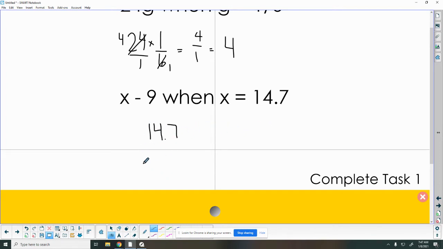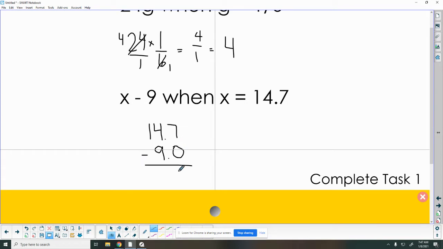I'm going to put them up and down since I know I need to borrow here. Now the 9 is in the ones place, so I need to put it under the 4 because this is like 9.0 here. Go ahead and pause the video and see if you can finish that problem.